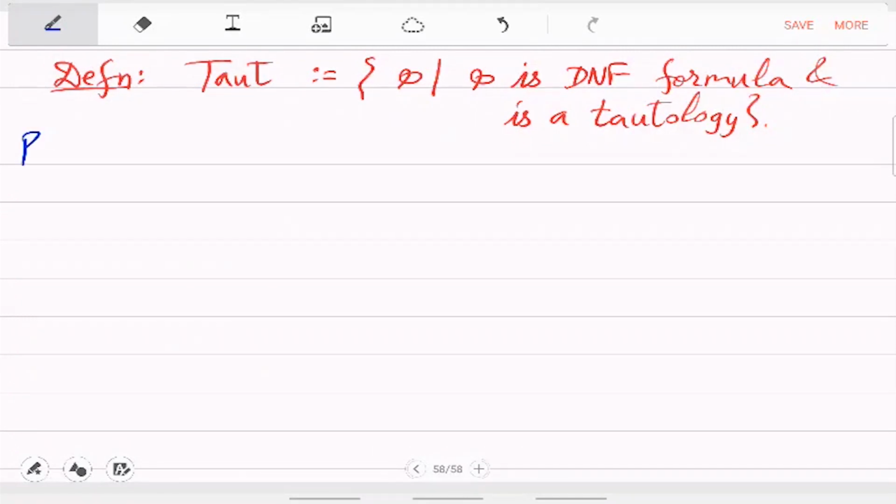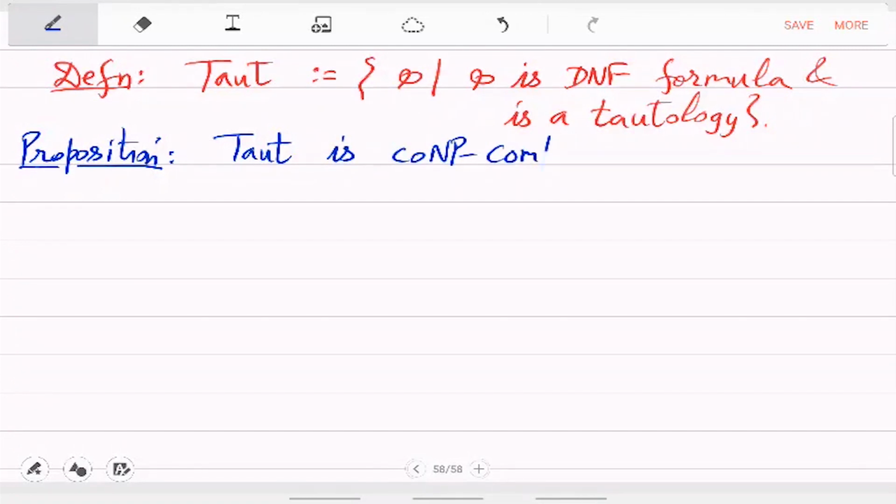So the claim is that this is the hardest: that tautology is co-NP complete. Which is another way of saying that tautology is in co-NP, and every problem in co-NP efficiently reduces, so polytime Karp reduces, to tautology.